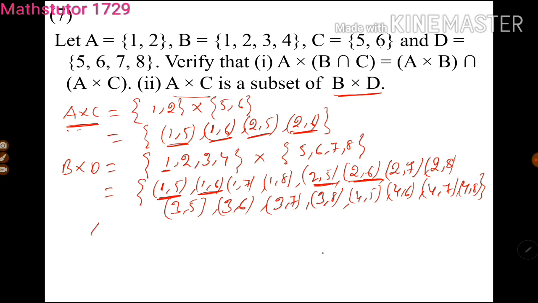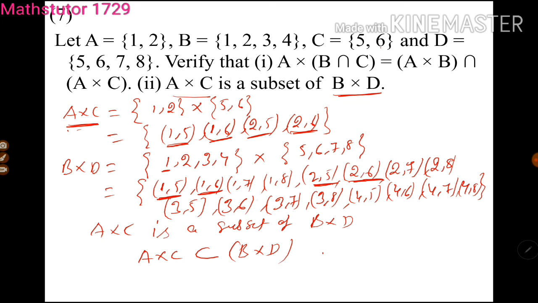So A cross C is a subset of B cross D. Symbolically, A cross C is a subset of B cross D. Okay.